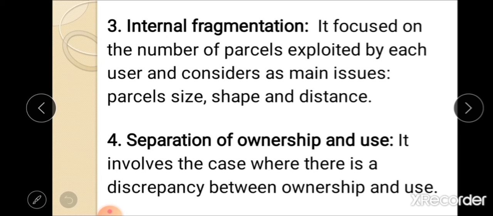After that, the fourth type is separation of ownership and use. This type of land fragmentation is used where there is a difference between ownership and use.